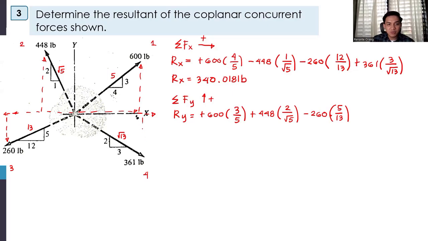Last, we have this force going downward, so negative 361 multiplied by the vertical side of the triangle, which is 2, divided by the hypotenuse, which is square root of 13.